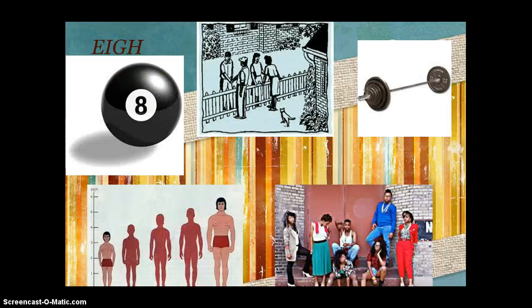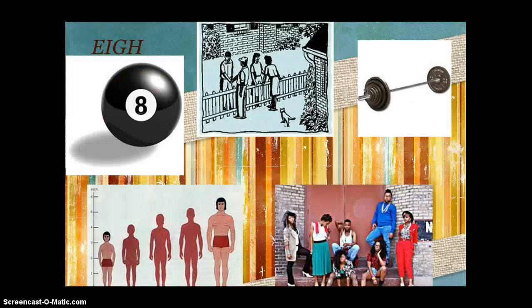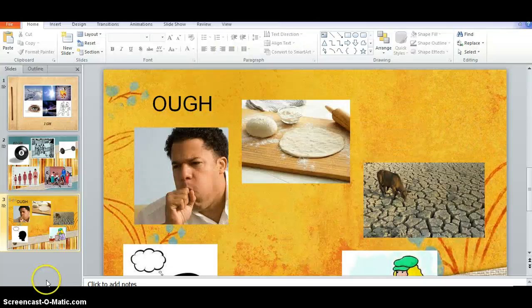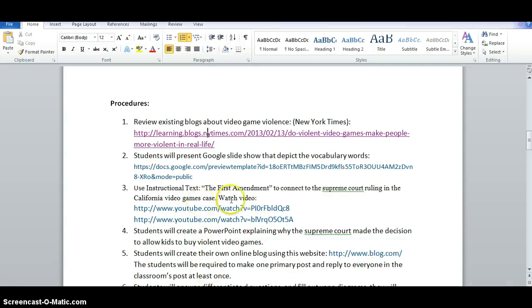I'm sorry, maybe we shouldn't have included height. I would have meant to put weight. OUGH: dough, cough, drought, bought, thought. So that was the finished product.